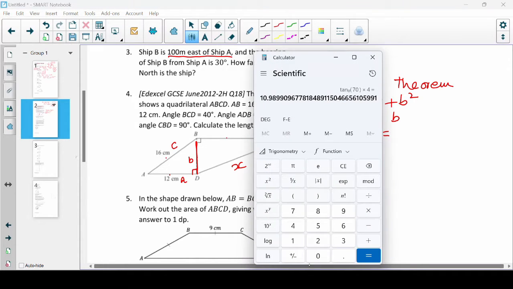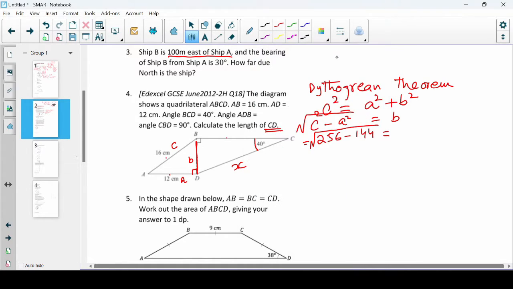So this should give us 256 minus 144, that is 112, and we take the root of it, so 10.58. So B is 10.58.